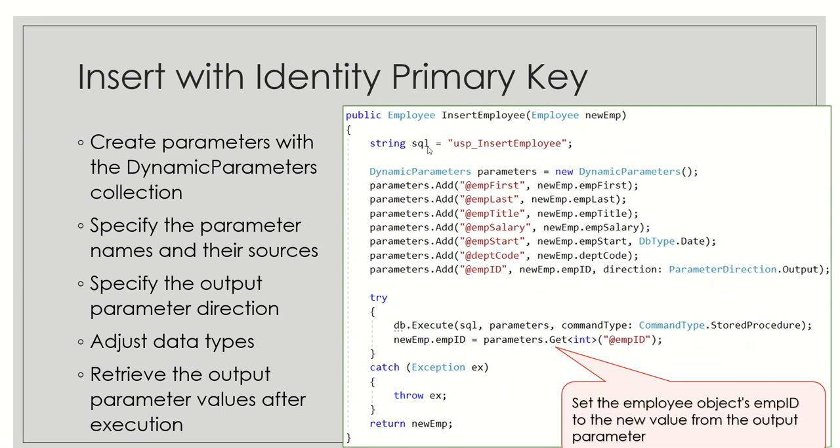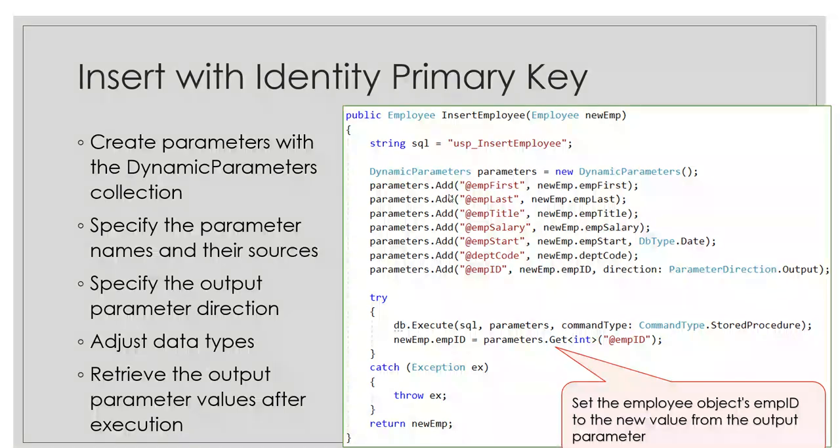The first thing is defining the SQL as calling that stored procedure. That part is the same. But next, we create an object called a dynamic parameters bag. Now, a bag is kind of like a list, except there's no order to it. This particular data type, you can treat it like a list. Notice that you can call an add method.